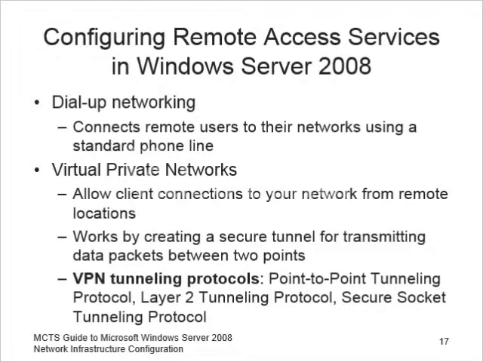The remote access server authenticates the VPN client and creates a secure connection between the VPN client and the internal corporate network that is tunneled over the public Internet connection. In contrast to dial-up networking, a VPN is a logical connection between the VPN client and the VPN server over a public network like the Internet. In order to secure any data sent over the public network, VPN data must be encrypted.